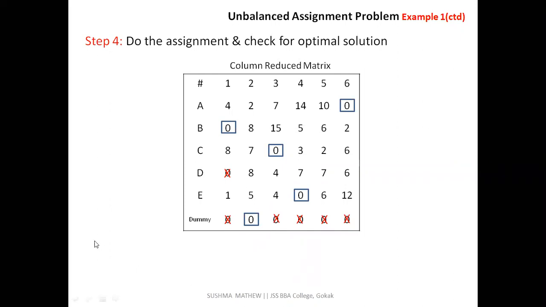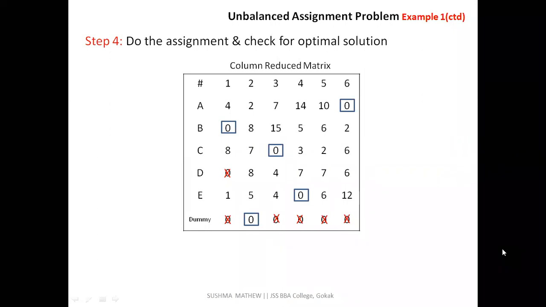Now again check for column 3, there is assignment. Column 4, there is assignment. Column 5, there is no assignment. It's okay. Column 6, there is assignment. Now row wise is being done. Column wise it is being done. Check whether all zeros have been given right assignments and proper cross mark or not. Now everything is done. Fine.